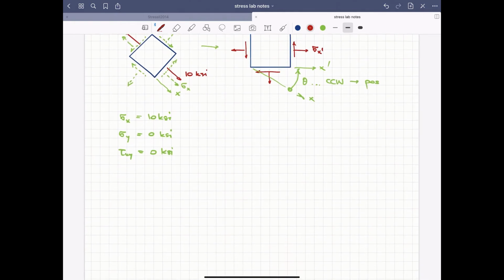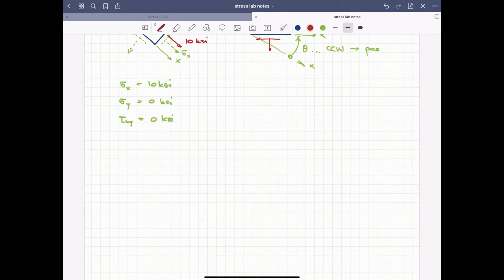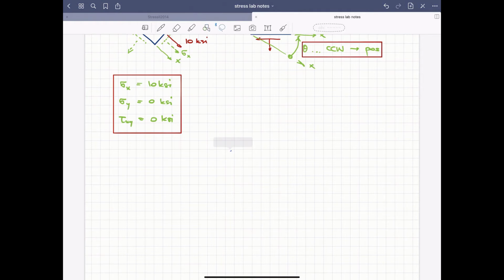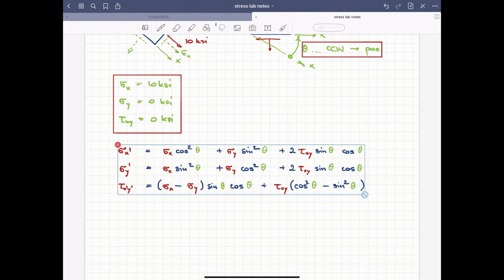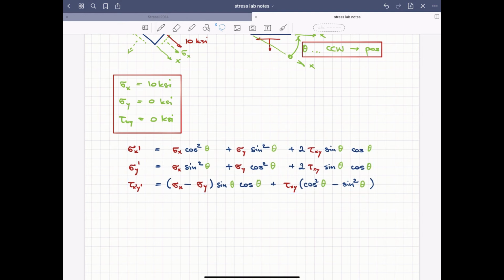So once I have those, given my original values sigma x, sigma y, and tau xy, and given a rotation angle theta that we haven't specified any further at that point, I am ready to use the transformation equations from the previous page. So what do we have here? On the left side of the equations are our unknowns, new components. On the right side, the red markers, that's the stress state that we have.